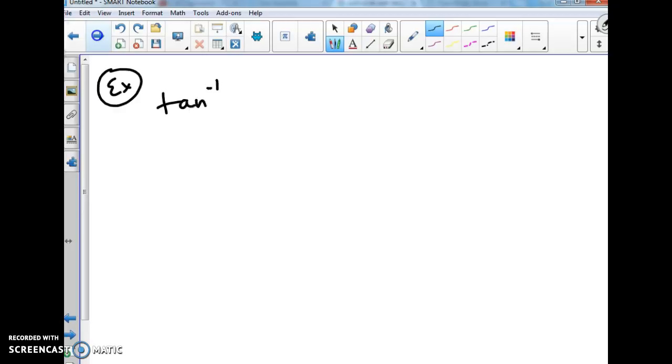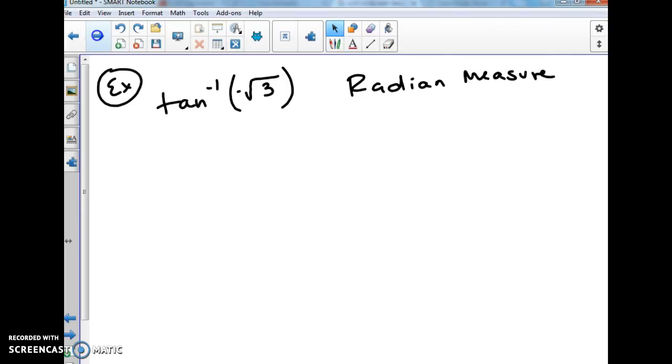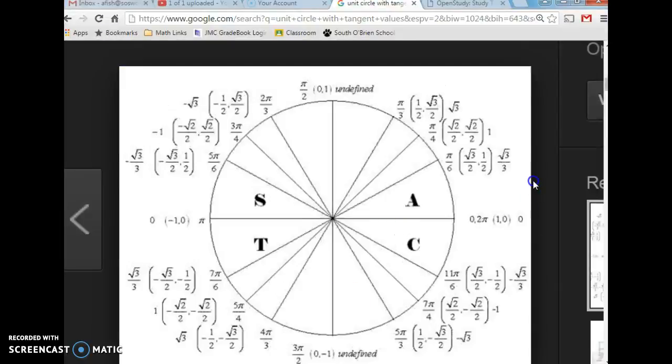So let's go with the tangent inverse of negative square root 3, and I want radian measure. So again, I go to that unit circle, and I'm looking for the tangent value in which it's negative square root 3. So I'm looking, this is square root 3 over 3, not working.